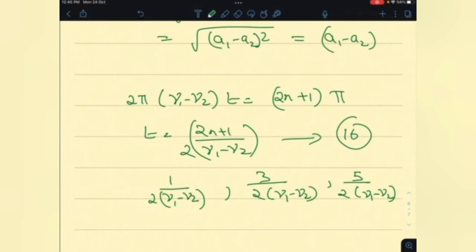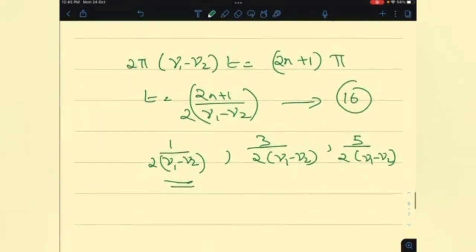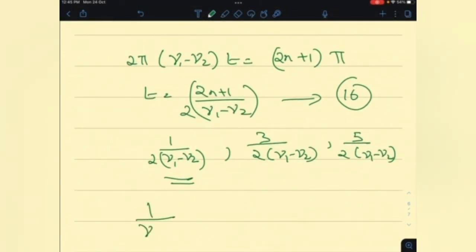The time interval between successive maxima is 1/(ν1 − ν2). The number of beats produced per second is the beat frequency. So learn it well. It's quite an interesting mathematical treatment for beats. Okay, thank you.